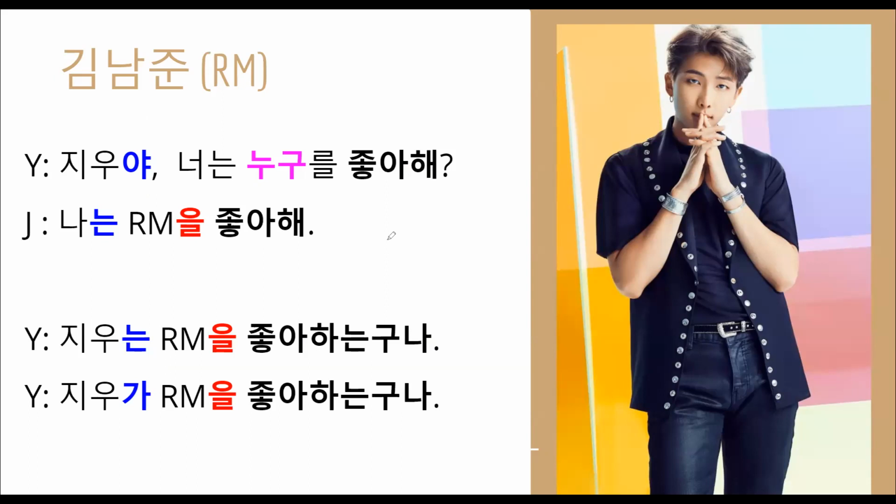It ends in a vowel, so we use 를. In the second line, 나는 RM을 좋아해. 을 is used after RM because in Korean, M, which is written like this, ends in a consonant.